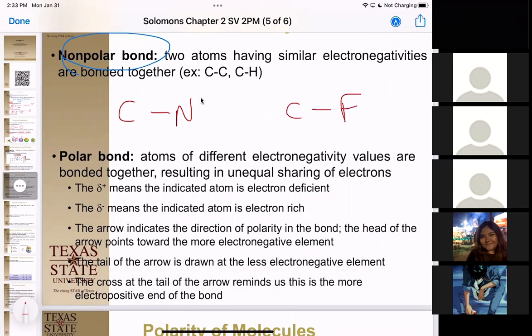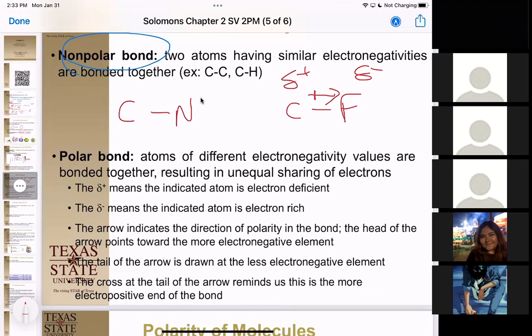And what we see is that fluorine has a higher electronegativity, meaning fluorine wants electrons more, meaning that the fluorine is pulling electrons toward the fluorine, meaning that the carbon is partially positive on this side. So we say that with a little delta positive and a little delta negative. The fluorine is pulling more of those shared electrons to its side so that it has more electron density. So it's partially negative on that side of the bond. The carbon is less electronegative and is partially positive on that side of the bond.